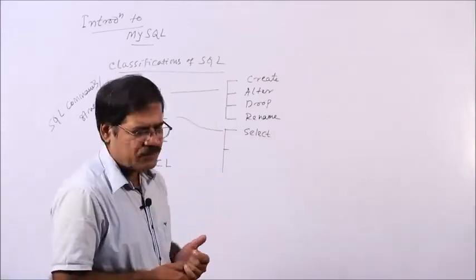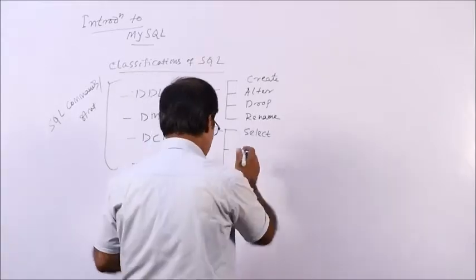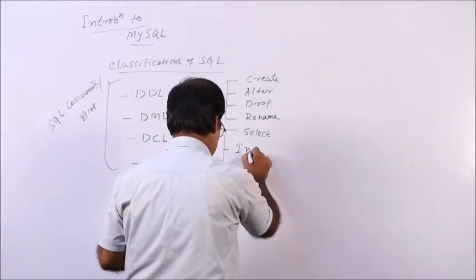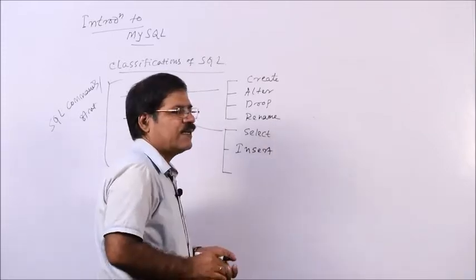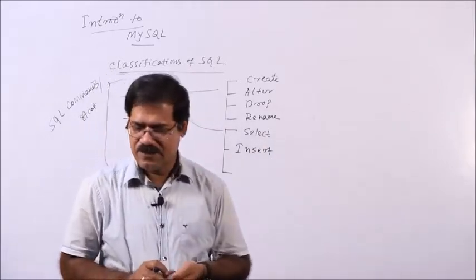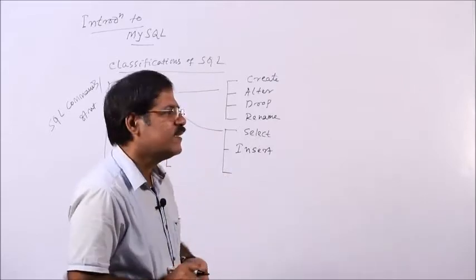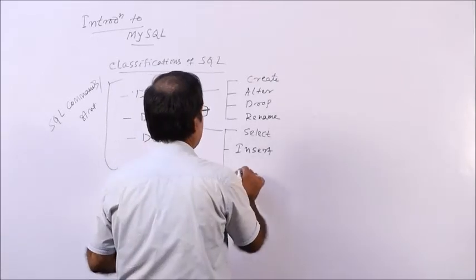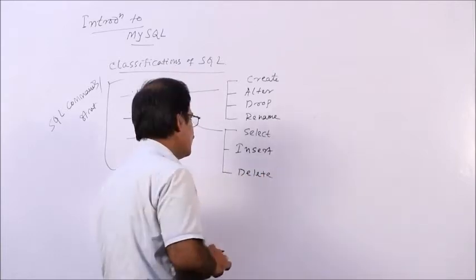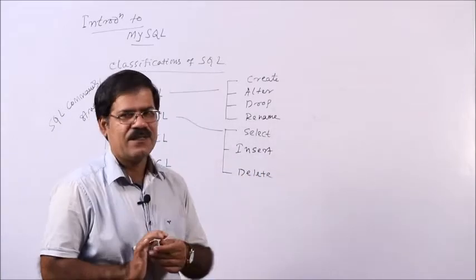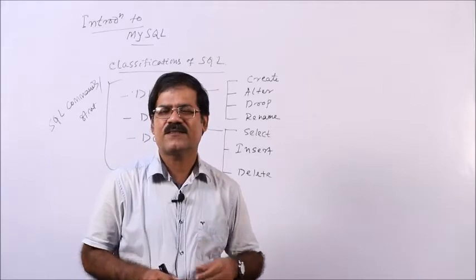Next, so many commands are there, I will write some of them. Insert is also a command, again coming under data manipulation. Next one is delete, also used in data manipulation. Delete means delete the records.